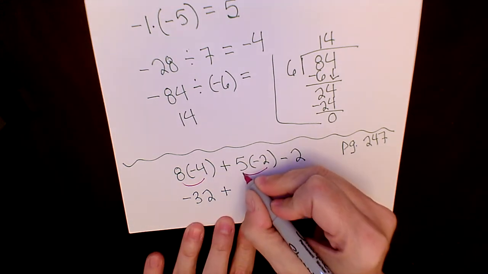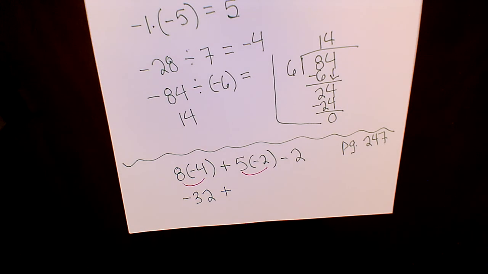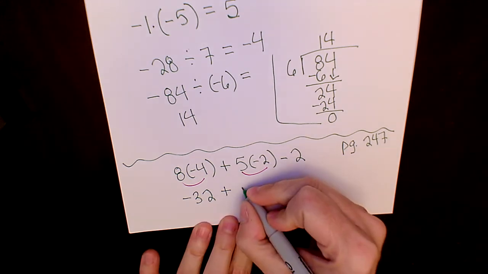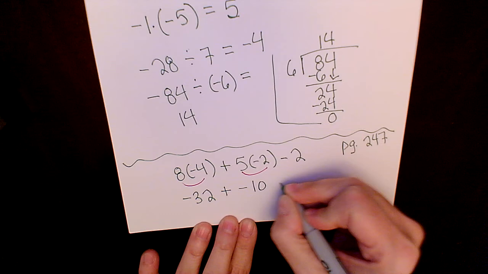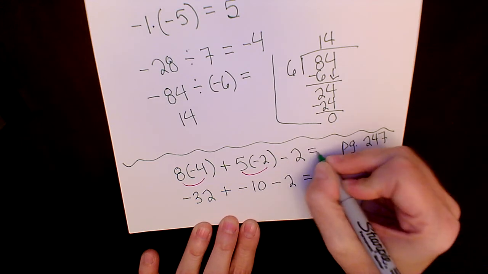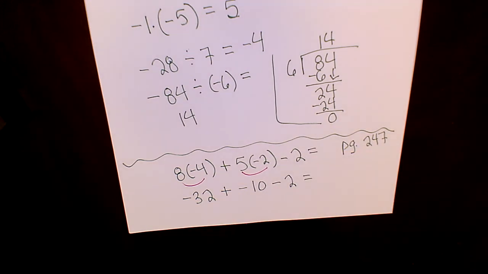And then I'm just going to keep going according to PEMDAS. And I'm going to take 5 times negative 2. And that's a positive times a negative. So this is a negative 10. You can put it in parentheses, or you don't have to if you don't want to.